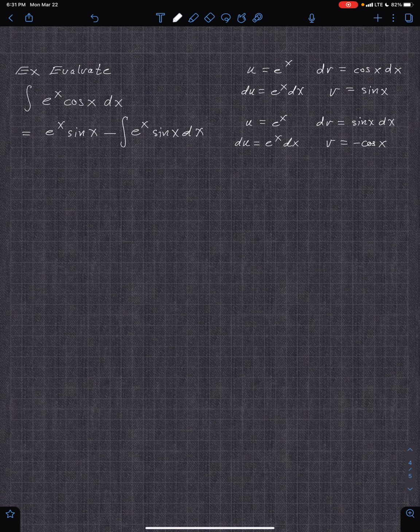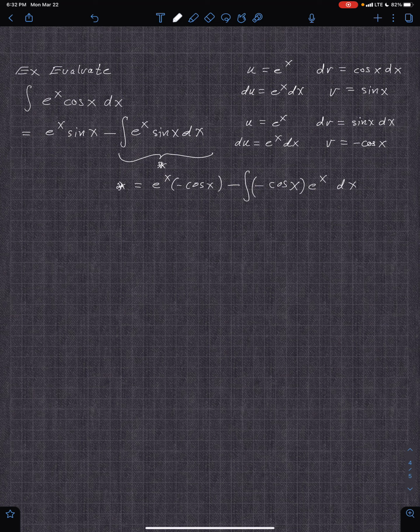So let's substitute into that, which is another integral. Okay, so we'll look at this. So that is e to the x times negative cosine x minus the integral of negative cosine x e to the x dx.